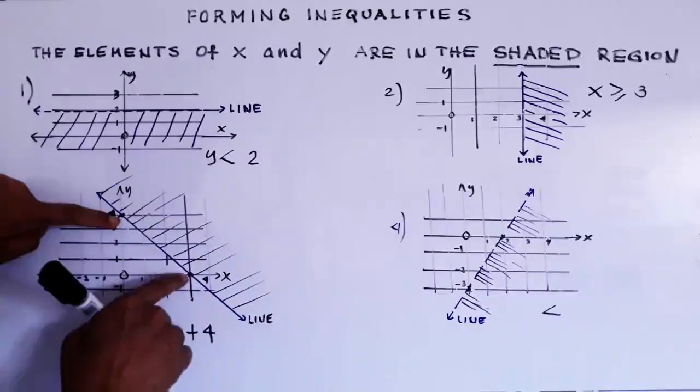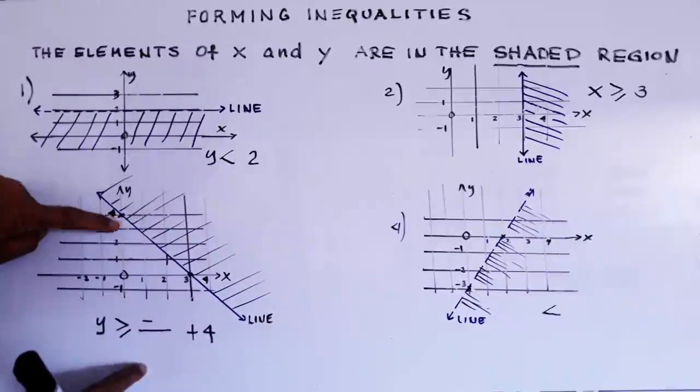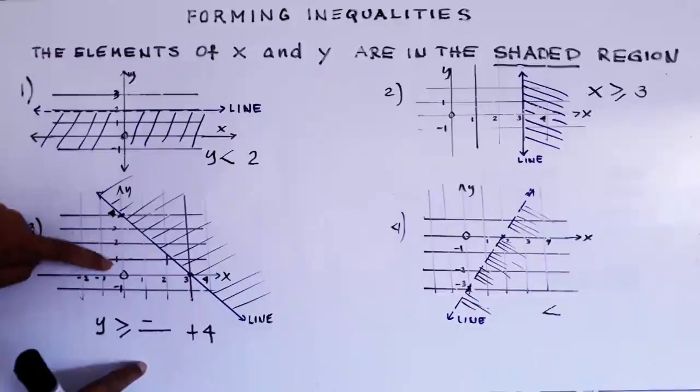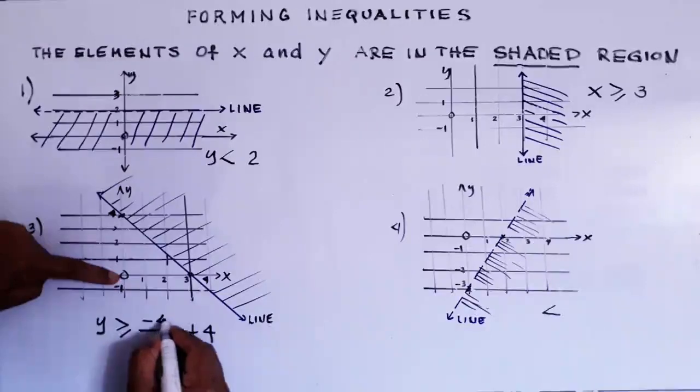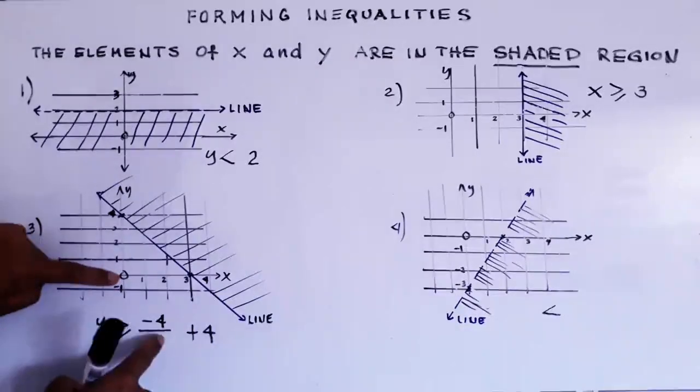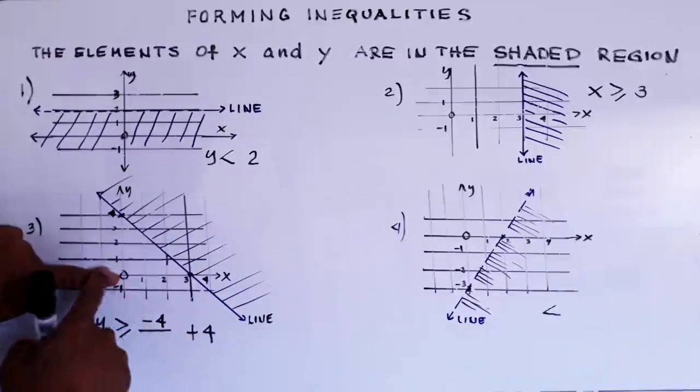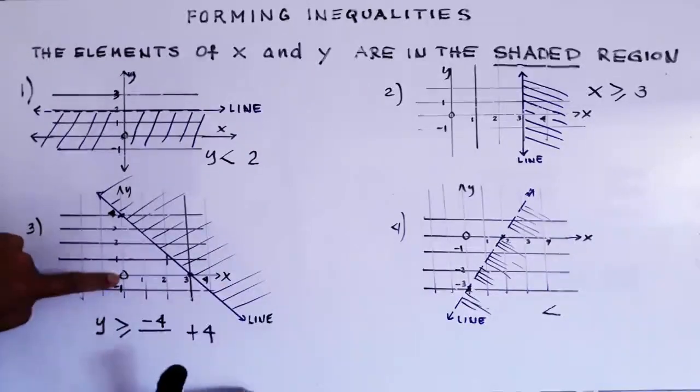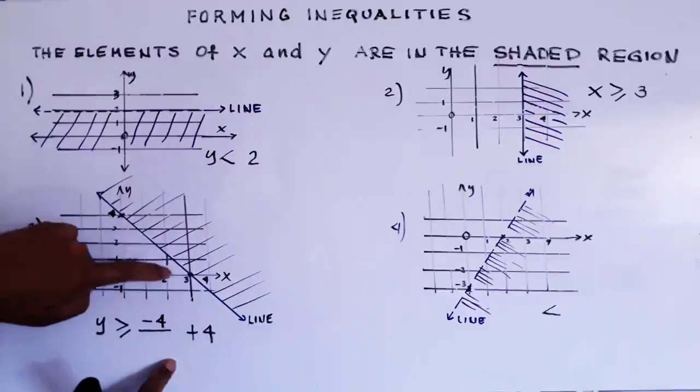Then we count until we are in line with the 3. 1, 2, 3, and 4. Until here is 4. So we have negative 4. So we went down here by 4 units. And then we go there. Going there is positive because we are moving to the right. So we have 1, 2, and 3.